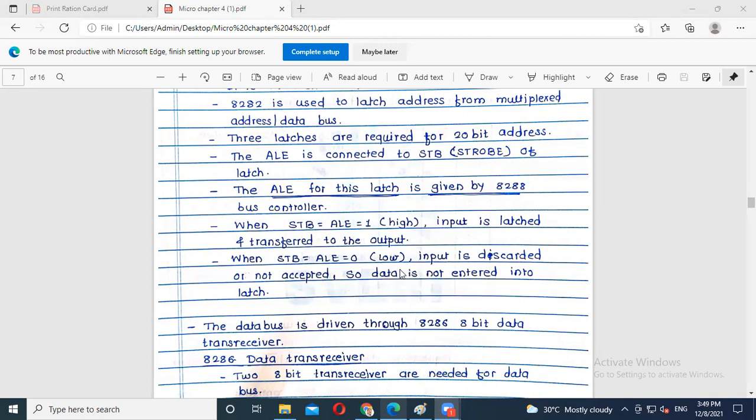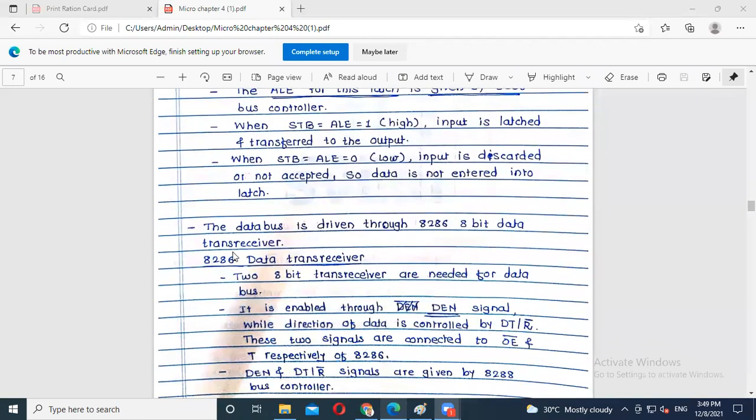High means it is transmitted, and 0 or low means it is stopped, and no data enters into the microprocessor.